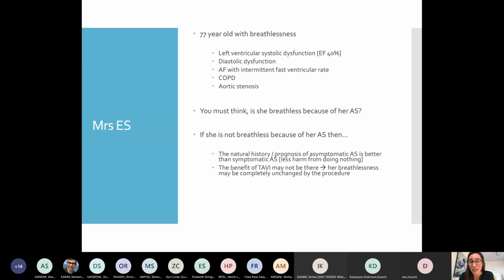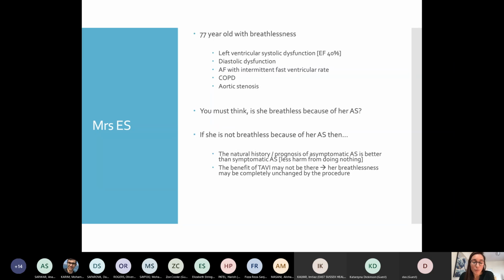So there would be a case for saying that there might be less harm from not intervening. And secondly, if you do a TAVI, her breathlessness may not get any better at all if it's actually caused by other things. And clearly it's very difficult in this situation to work out what is the biggest problem and whether you would or wouldn't need to do anything about her aortic stenosis.